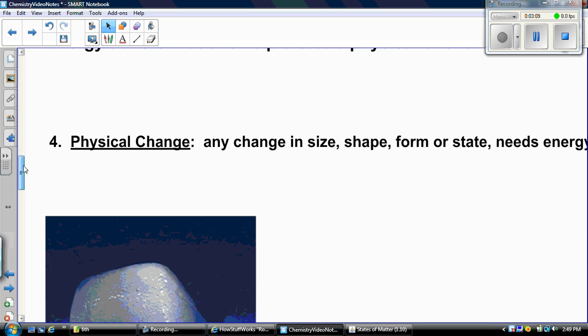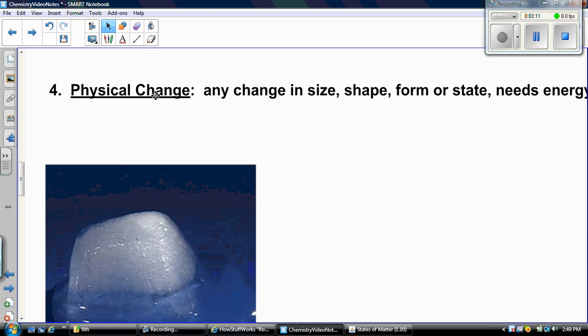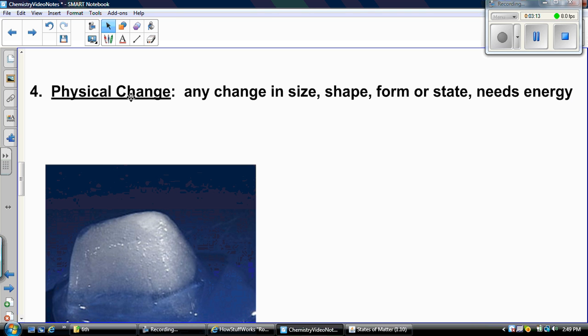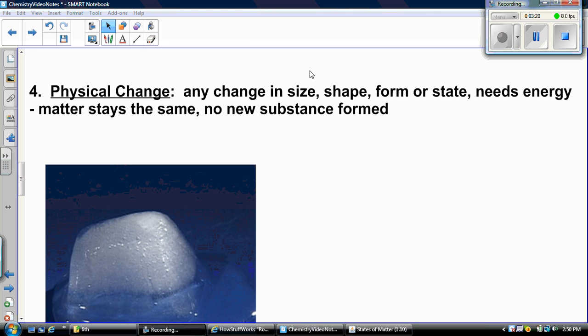So now let's look at what is a physical or chemical change. A physical change is any change in size, shape, form, state. It needs energy. And in a physical change, matter stays the same. No new substance is formed.